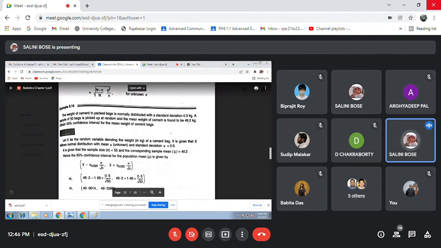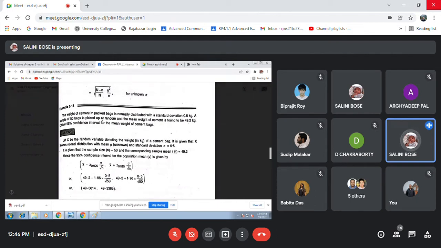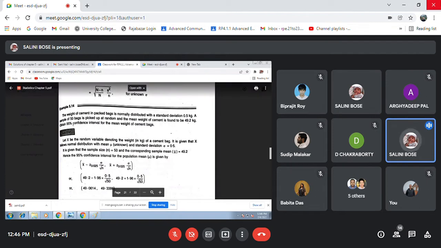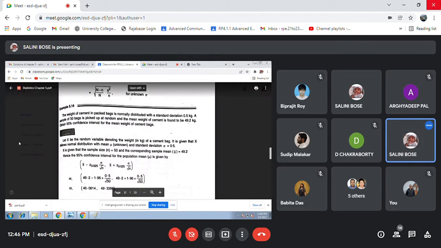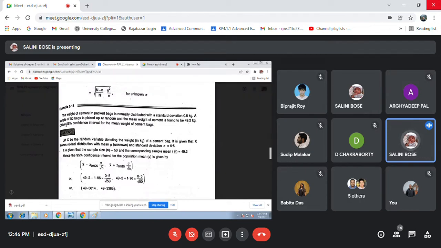A sample of 50 bags is picked up at random, and the mean weight of cement is found to be 49.2 kg. So obtain the 95% confidence interval for the mean weight of cement bags. For this you have to find the 95% confidence interval. So you can do this.